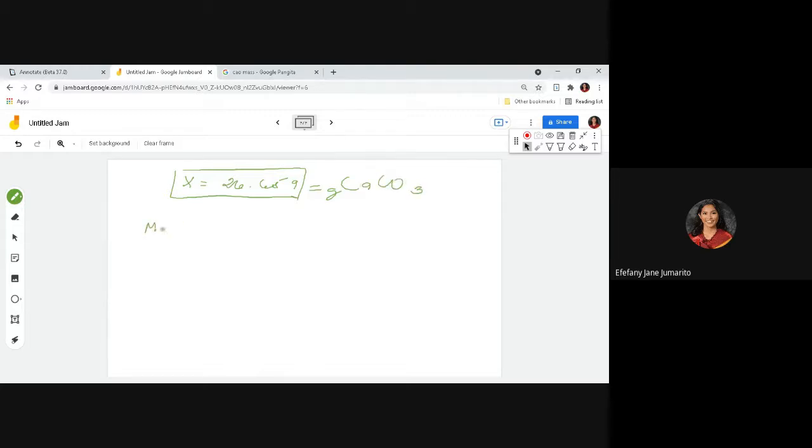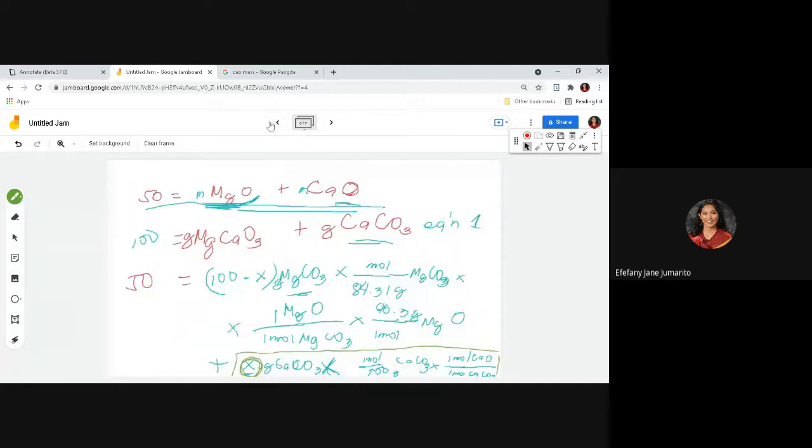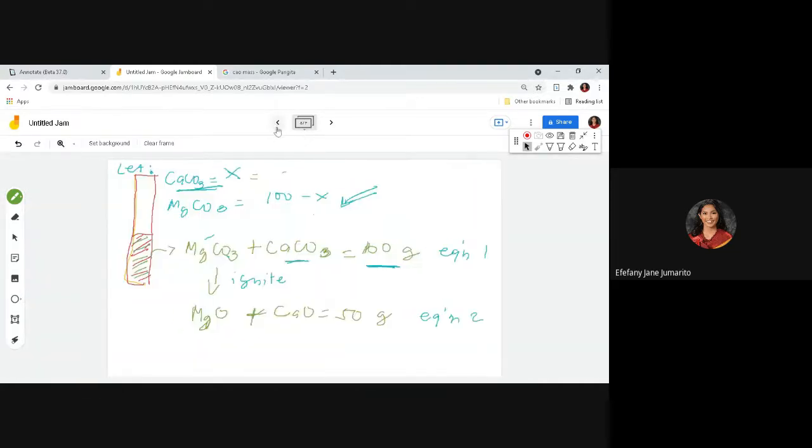Now, what about your magnesium carbonate? What's the weight of your magnesium carbonate? 100 minus the x.